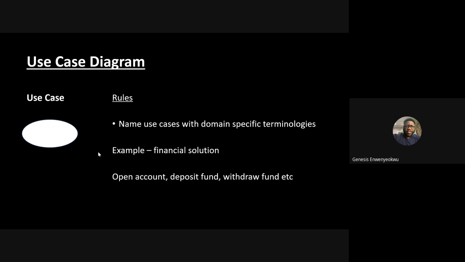You won't say create account, you say open account, because in the financial domain, you open accounts, you don't create accounts. You don't put fund, you deposit fund, right? You withdraw fund, you don't remove fund, because that is a terminology used for that particular domain. So you need to ensure that you use domain-specific terminologies when naming your use case.